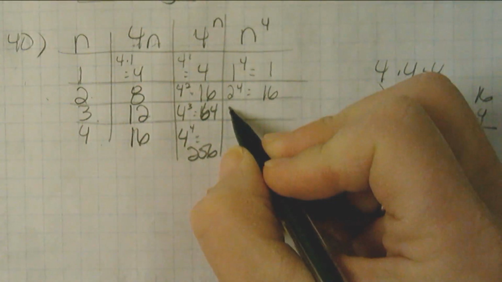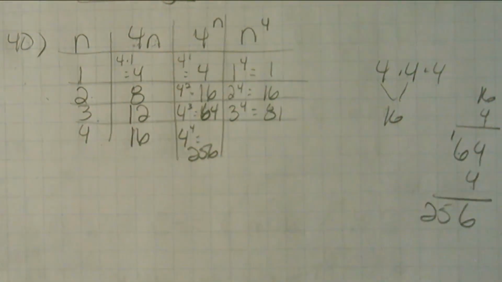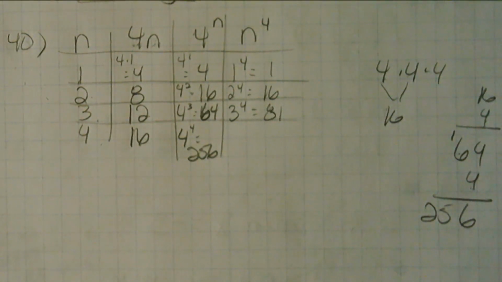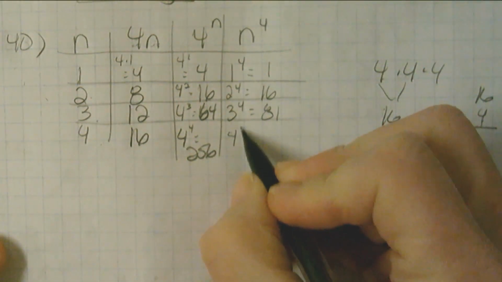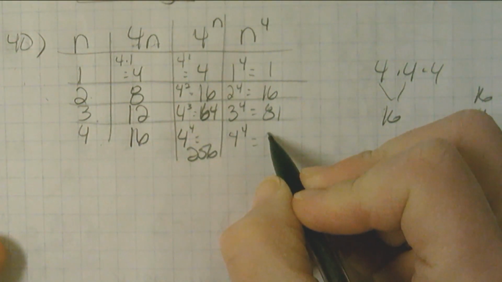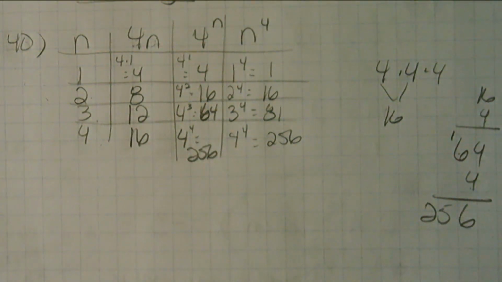Addison. Excellent. And I should see the work on these. All right, how about the last one? Vincent? Is what, 256? Questions on how to fill that table out?